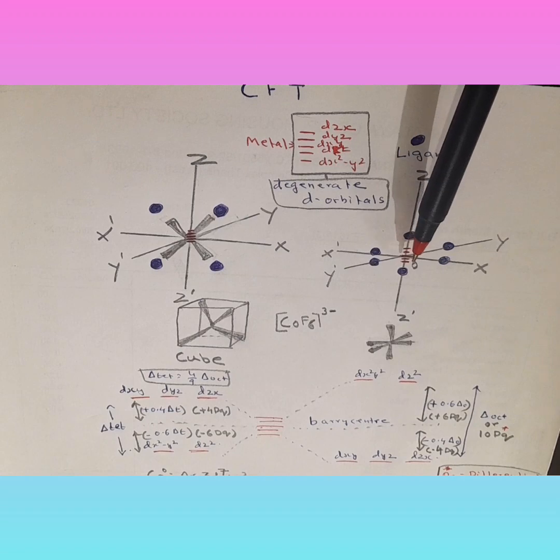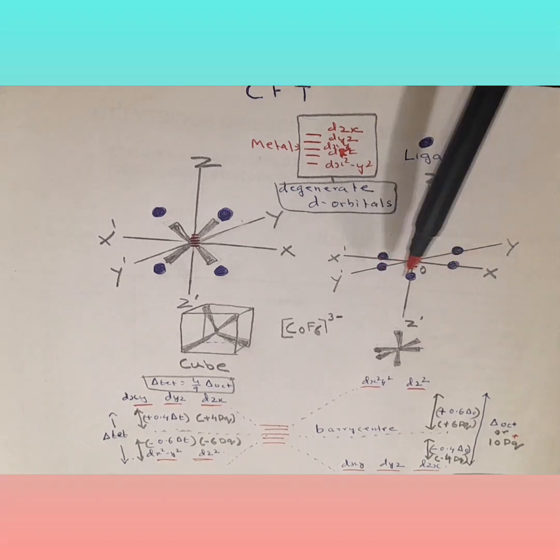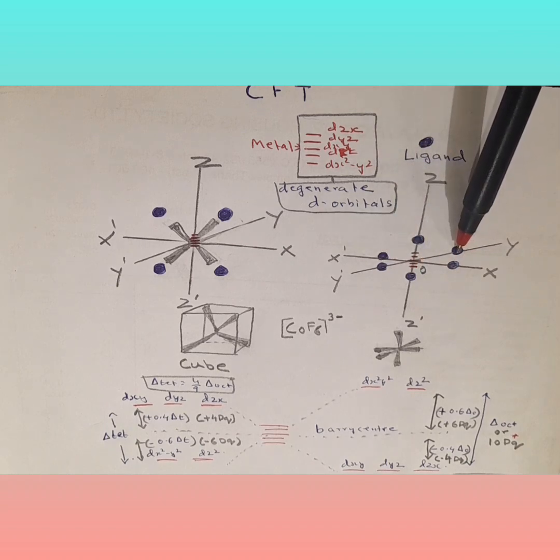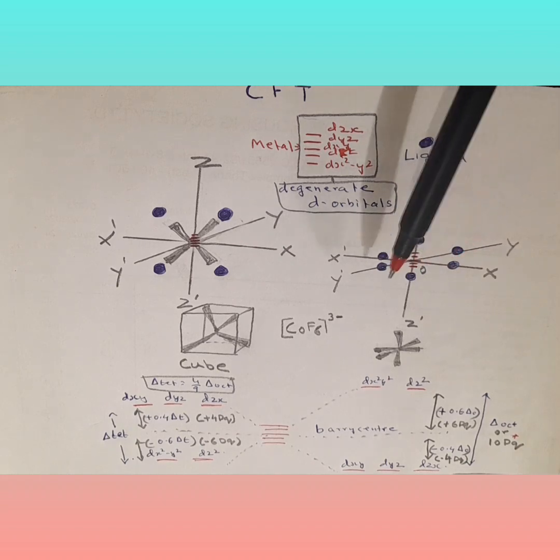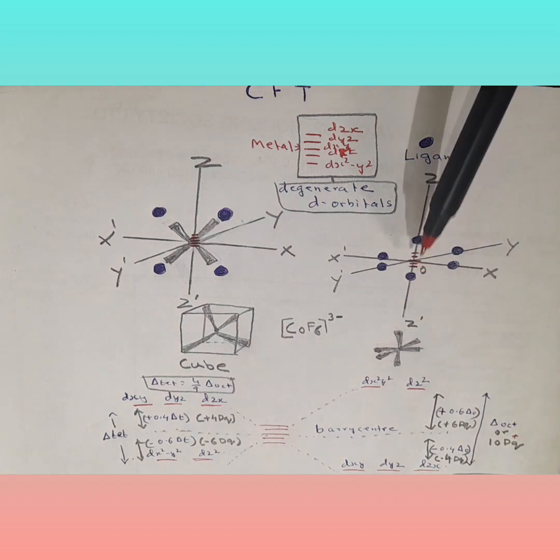Now I told you that here the ligands are approaching via the axes. So these ligands are in direct head-on interaction with the dx square minus y square orbital, and these ligands are in head-on interaction with dz square.